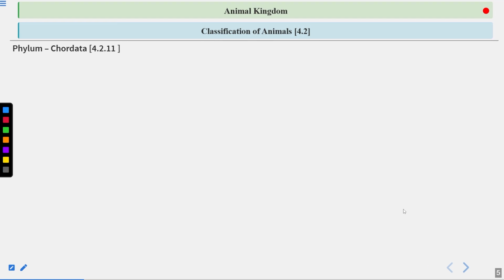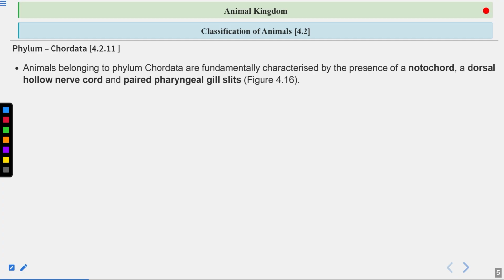So first of all, we will discuss the phylum Chordata. Very important, phylum Chordata. Animals belonging to the phylum Chordata are fundamentally characterized by the presence of a notochord, a dorsal hollow nerve cord, and paired pharyngeal gill slits.